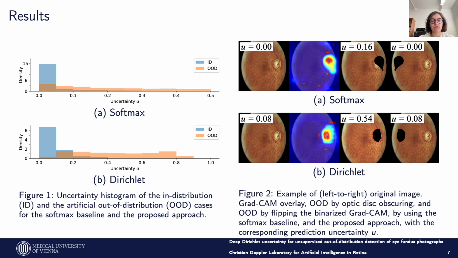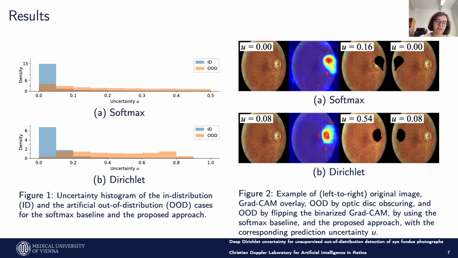In terms of results, here on the left we show the distribution of our test set images according to the predicted uncertainty, and we see that the Dirichlet histogram seems to be more bimodal than the softmax one, which suggests a better separation between in and out of distribution samples.